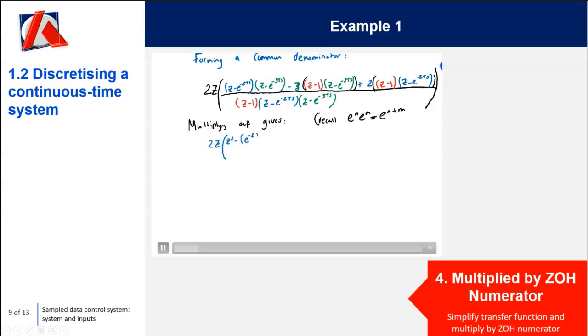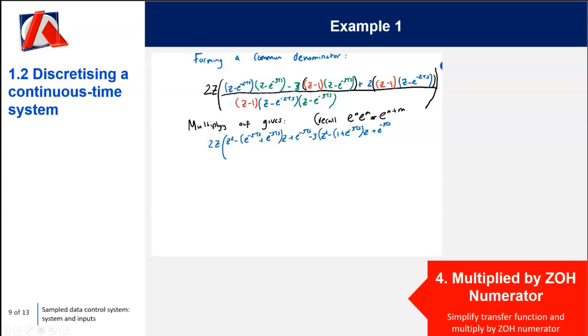So what I'm doing is just multiplying this out now, so z squared, this multiply this exponential multiply z, this then multiply by z. Obviously z's common, so I can put that outside the brackets. This multiply this ends up being e to the power of minus 5ts, remember this. And then just exactly the same follows through for these. Okay, this can get a bit messy when you're working your way through this, so just be careful.